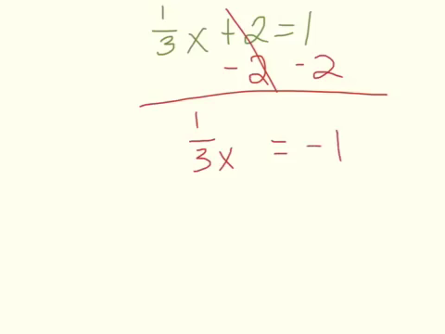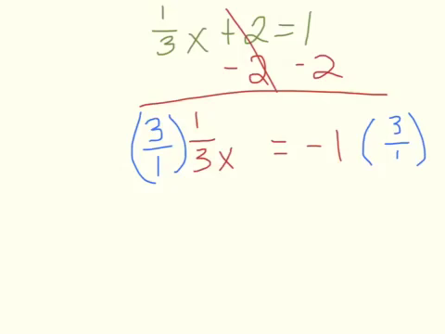Okay? Now, I have 1/3 times x. Okay? To undo that, I'm going to flip the fraction and multiply by it. So I'm going to flip the fraction and I'm going to end up with 3/1. And I'm going to multiply. And I'm going to do that on both sides. Okay? The reason that I do that is because now watch, this cancels.